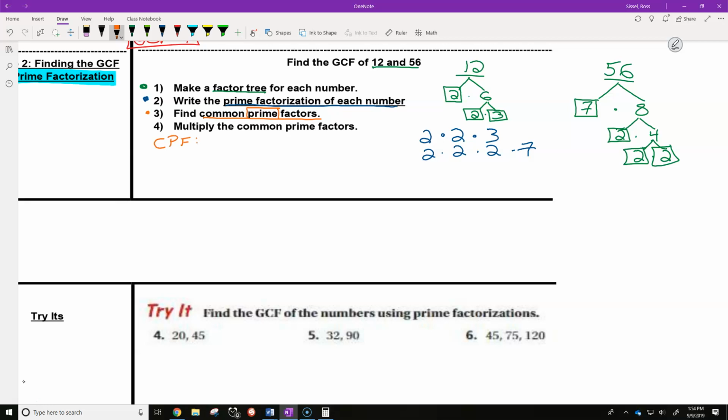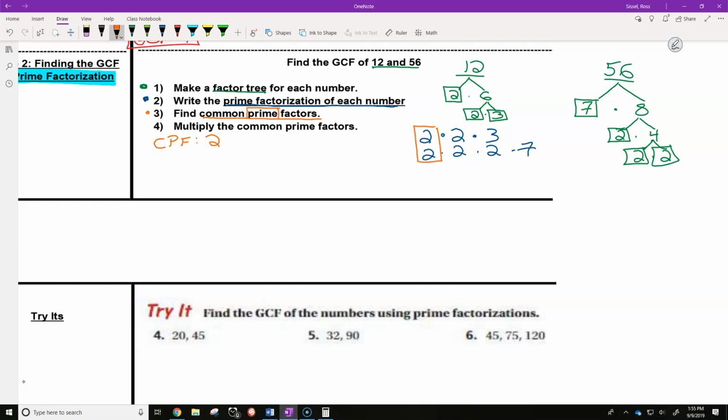This is where we start making a mistake. What's one prime number that's listed in both? Sarah? 2. Okay, do this. I'm going to circle. There's a 2 on the top one and a 2 on the bottom one. So that is one of the common prime numbers.